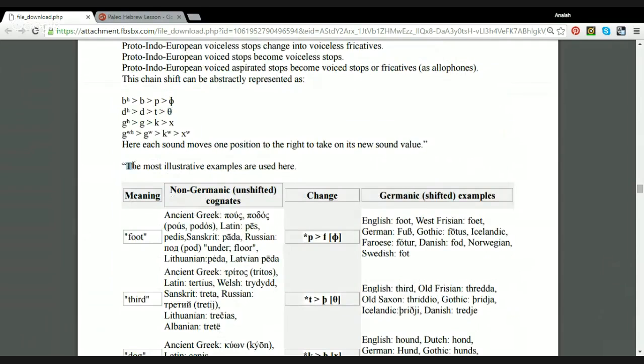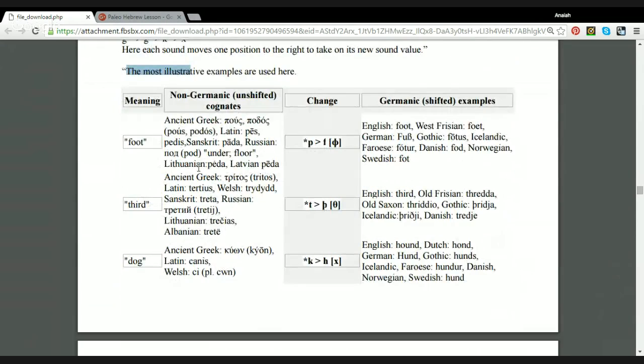And here are some examples from different languages. The word foot: these are all the same word, but in different languages. You know how over time languages change the spelling? This is exactly what happened. The word for foot in Greek is spelled with a P: podos, P-O-D. Here it's F-O-T or F-O-O-T.